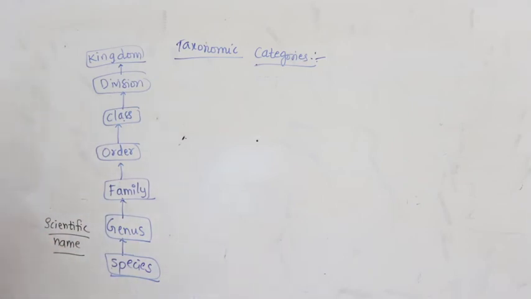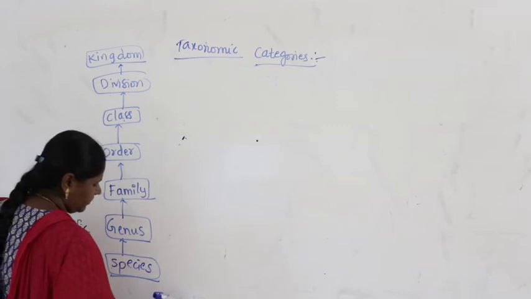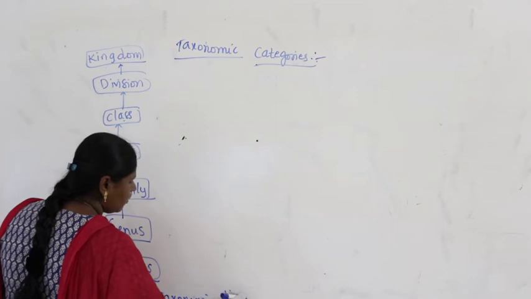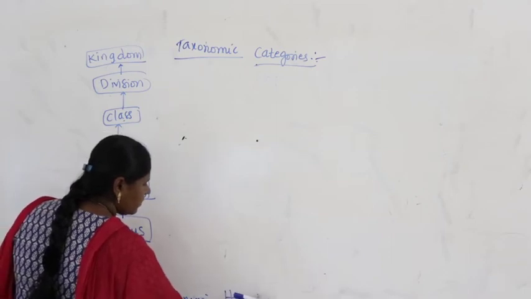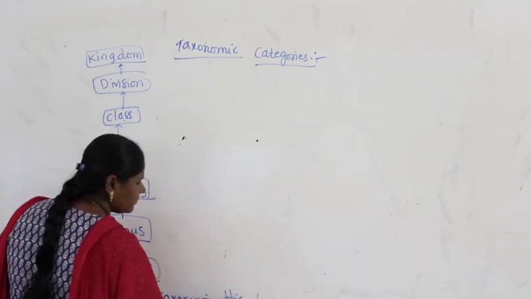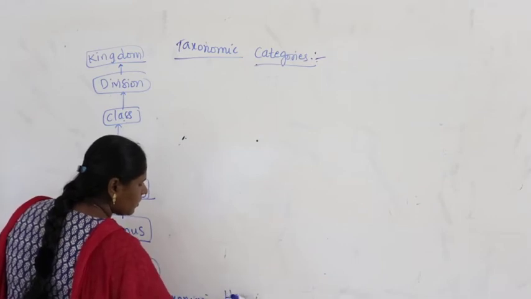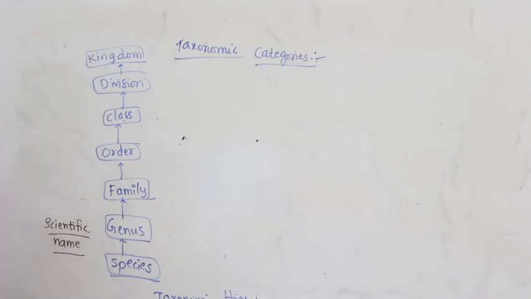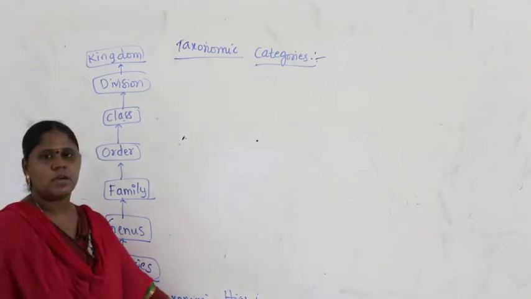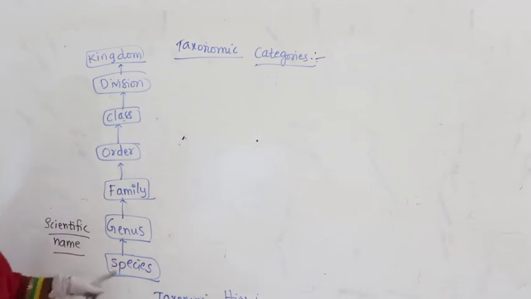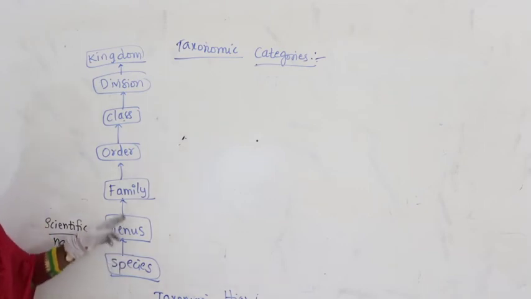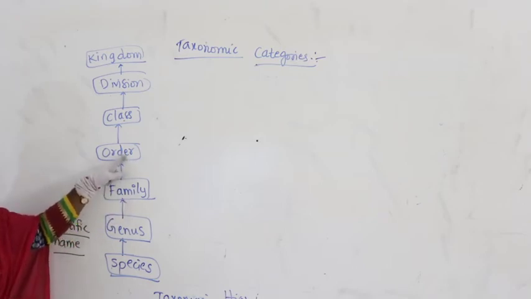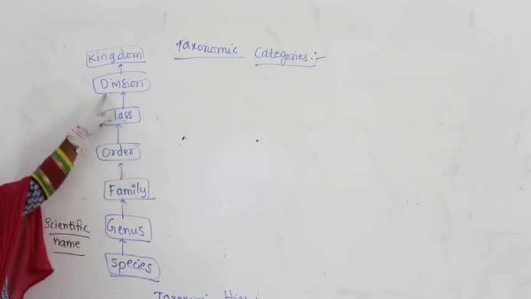This is called the taxonomic hierarchy, meaning taxonomic categories. Taxonomic hierarchy means species and genus together fall in a particular family. A family will fall in a particular order, and order will fall in a particular class, division, kingdom.